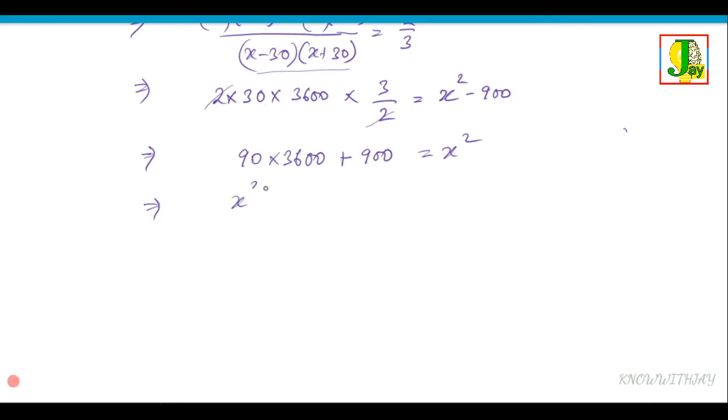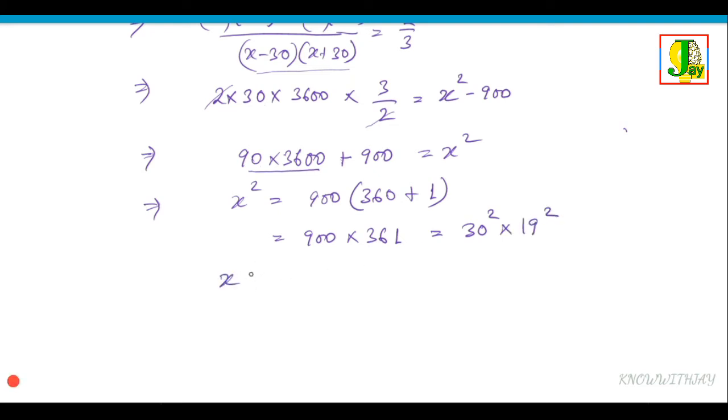So we have x square equals, from this part we can take 900 common. If I take 900 common, I get 360 here, plus here we have 1, so that's 900 into 361, and we can express it as 30 square into 19 square. Okay, so x equals plus minus root over 30 square into 19 square.